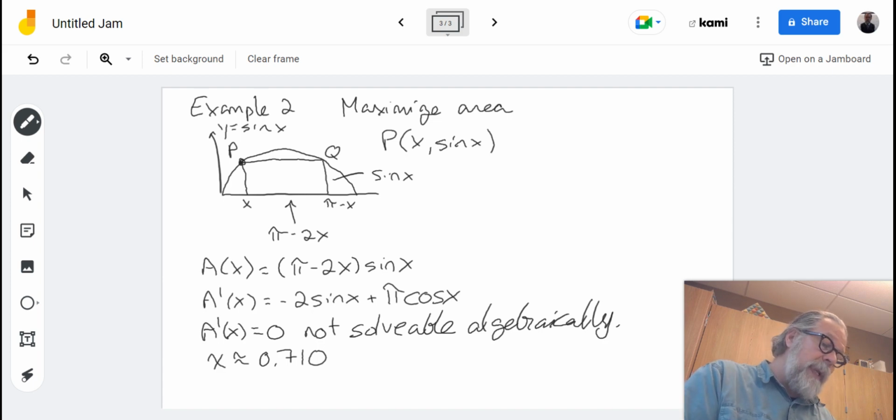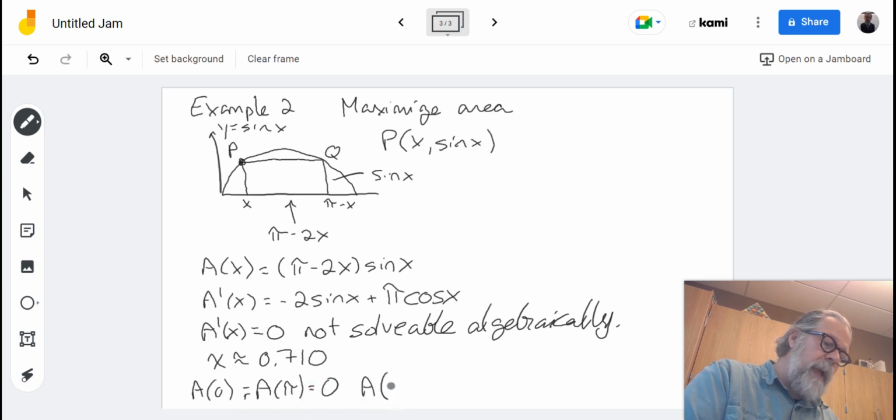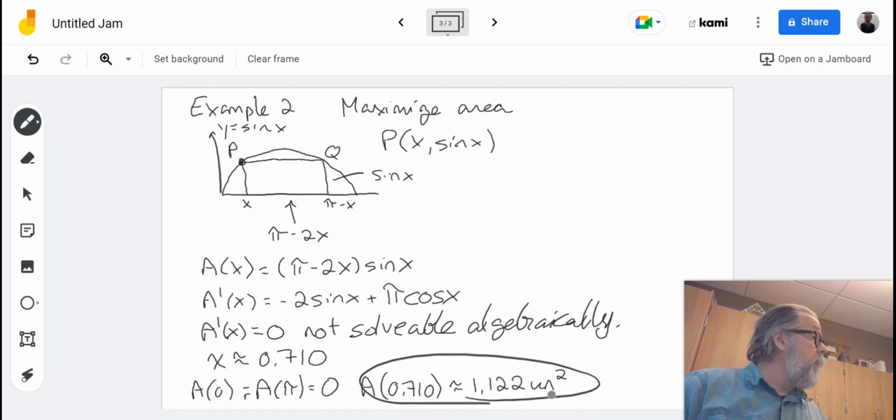Doing the same thing that we did in the previous problem, we could take the second derivative, or we could calculate the area at 0, the area at pi, and we discovered that those are 0, and the area at 0.710 is in fact approximately 1.122 square units, and therefore it must be a maximum.